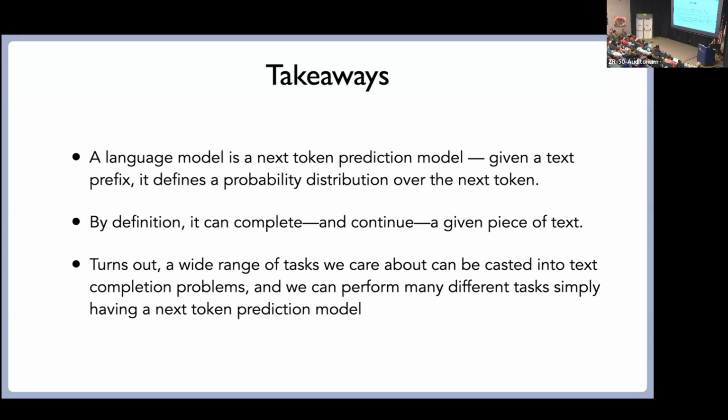If you can format the input in the right way, you can give it to the model, let the model complete the sentence, and it will naturally perform a task for you and give you the output you want. That's how we can use this next token prediction model for performing many different downstream tasks we care about.